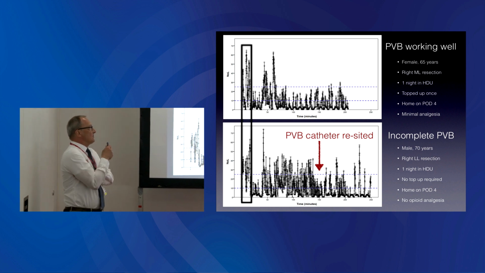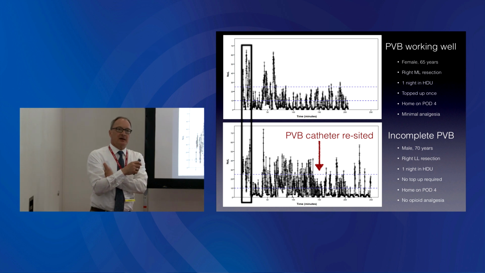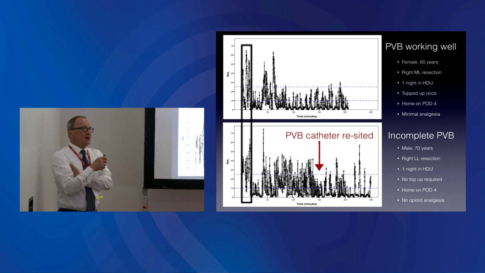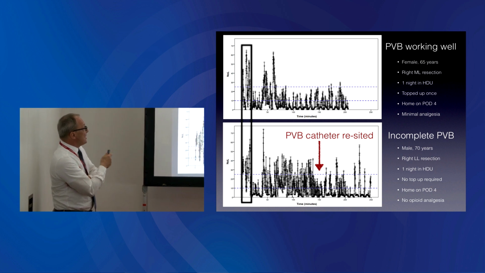Again, these are 2 patients that we did recently, back to back in theatres. The top one is, again, a patient where you can see the typical pattern: intubation, then stimulation, trocar insertion, paravertebrals topped up, and then a fairly steady course.